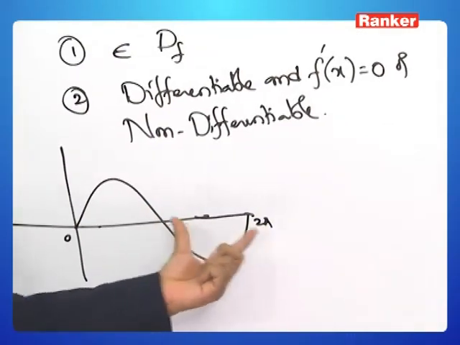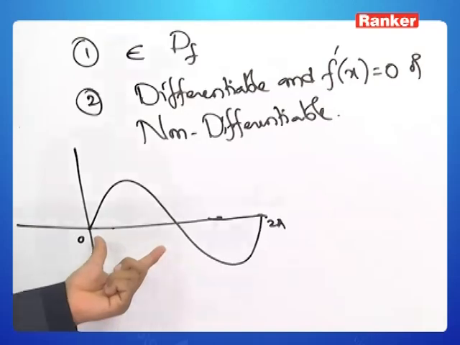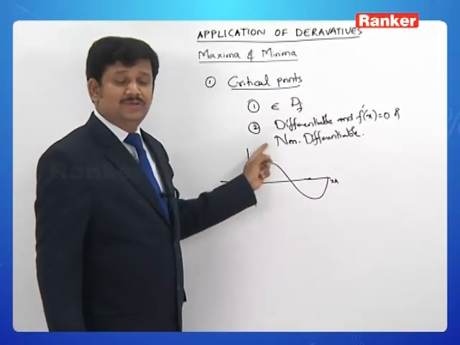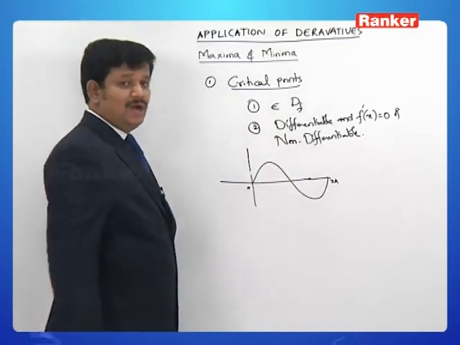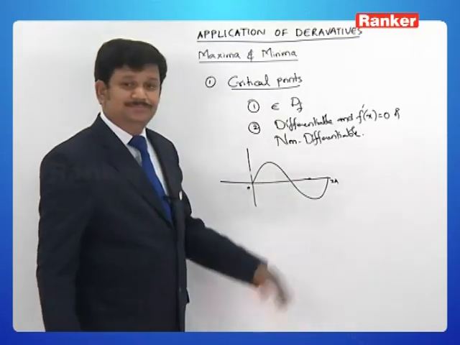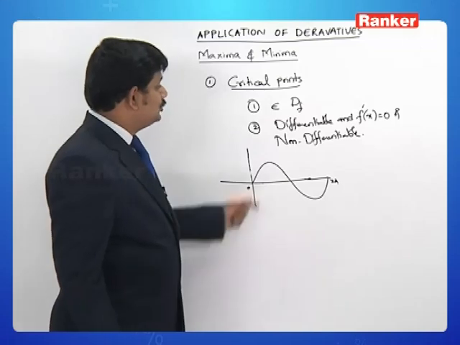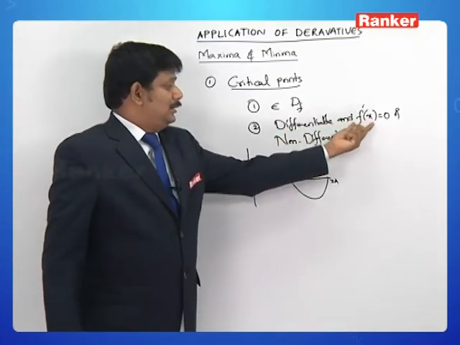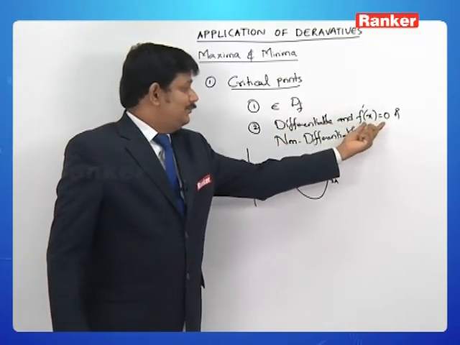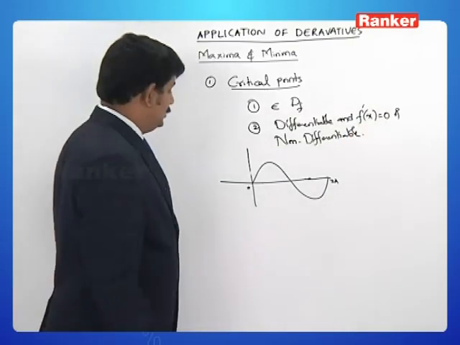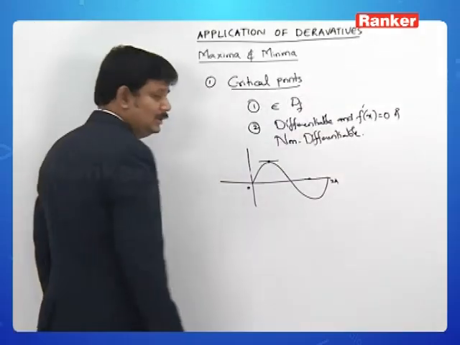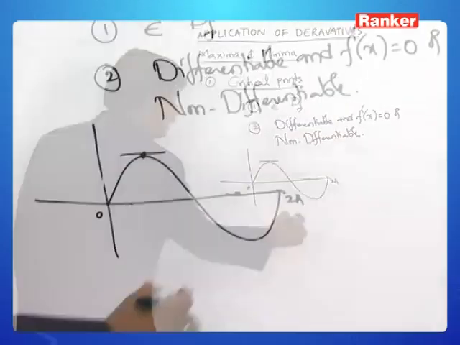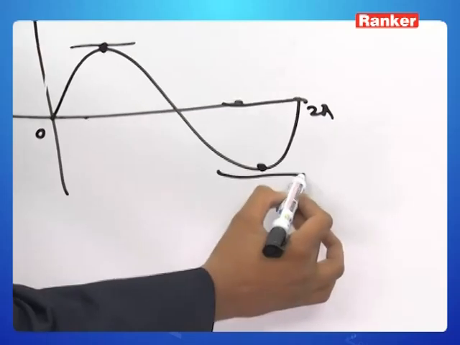Y equal to sin x, we know, is a differentiable function. Y equal to sin x is differentiable on R. So, we will not get any case of non-differentiability on this graph. The only hunt should be for critical points where the derivative is 0. Where is it 0? The slope of the tangent is 0 at x equal to pi by 2, and it is also 0 at x equal to 3 pi by 2.